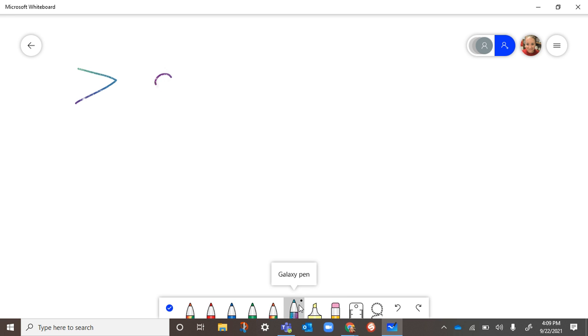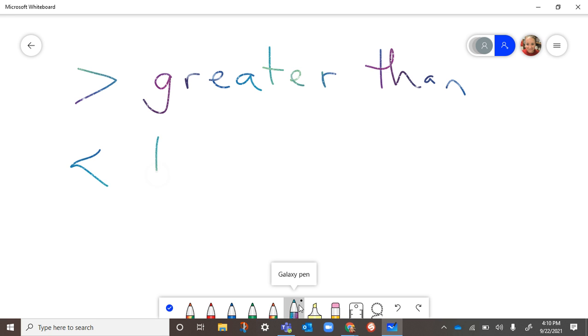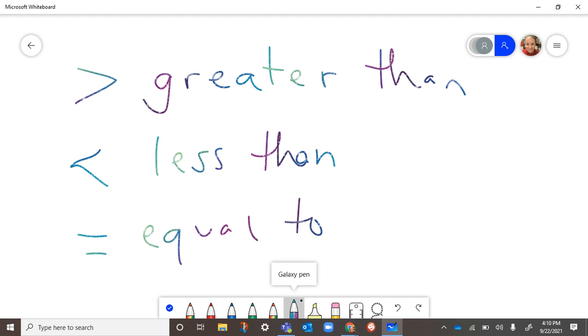So this is greater than. This is less than, and then equal to. Okay, so make sure you know which way the symbols go.